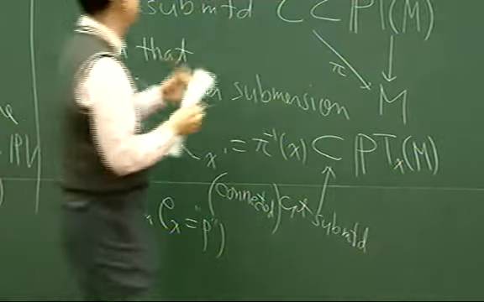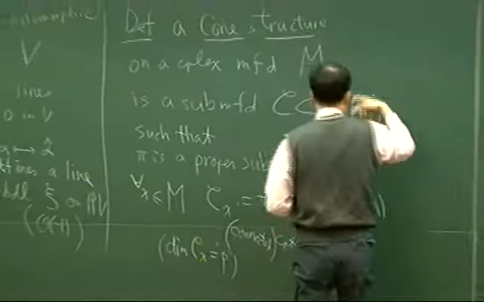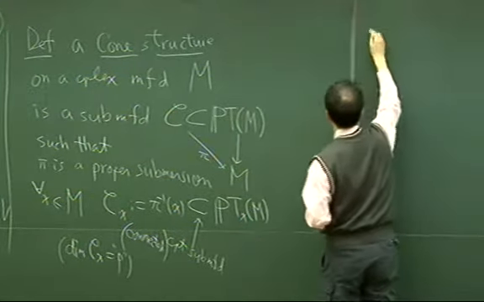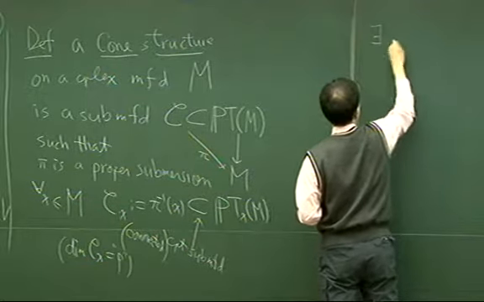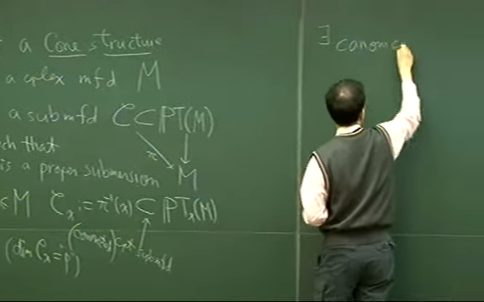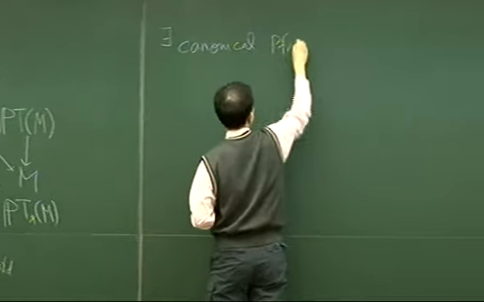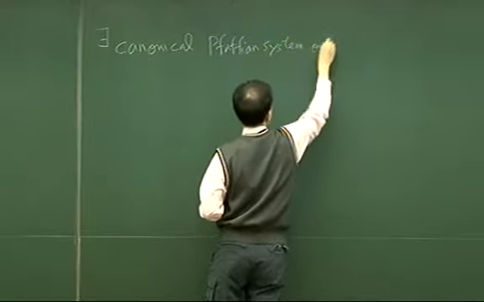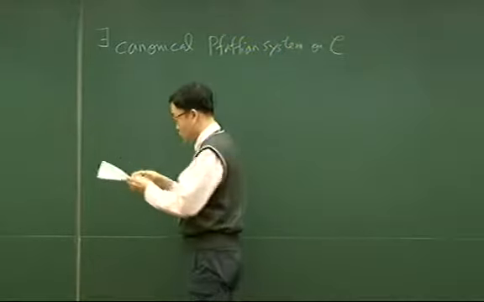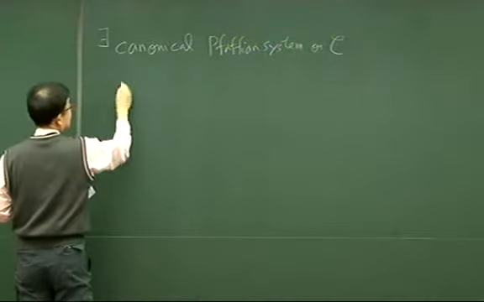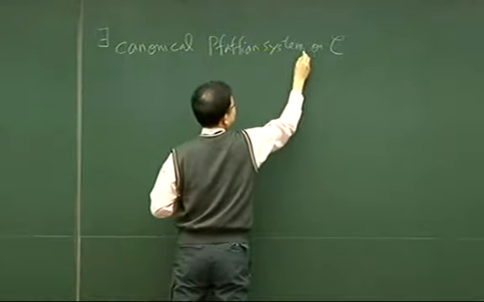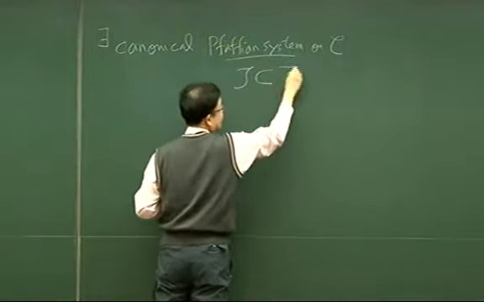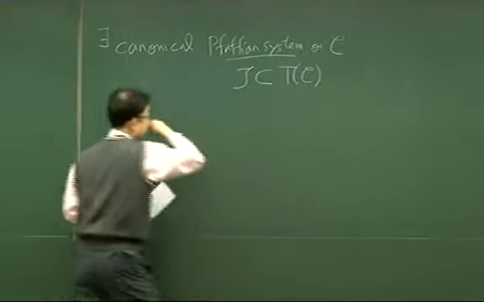Now, whenever you have a cone structure, there's a natural differential system on this C. There's a canonical Pfaffian system on the submanifold, this cone structure, and that's defined as follows. This Pfaffian system is given by a sub-bundle of the tangent bundle of C in the following way.